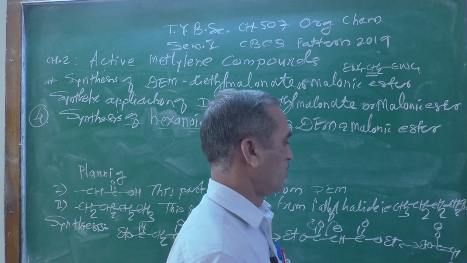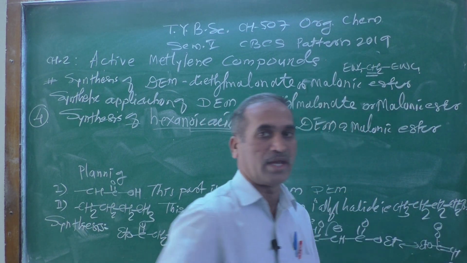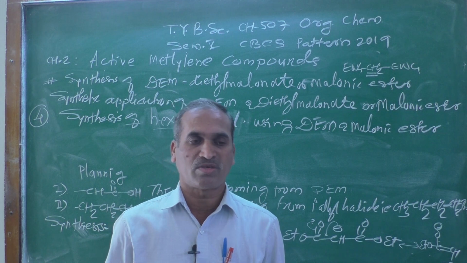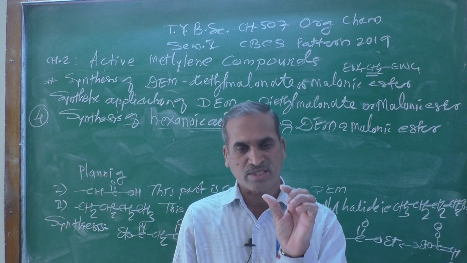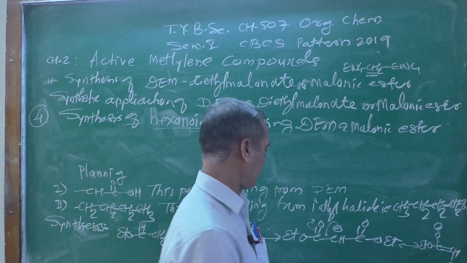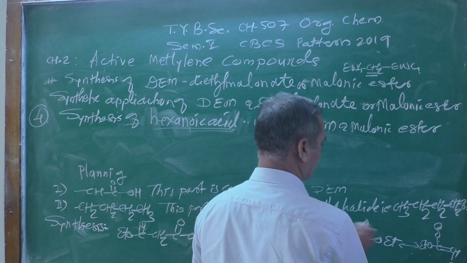When the negative charge is present on the oxygen atom near the carbon-carbon double bond, that species is known as an enolate.